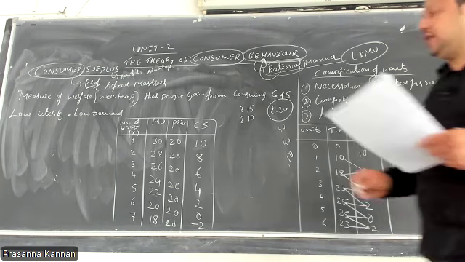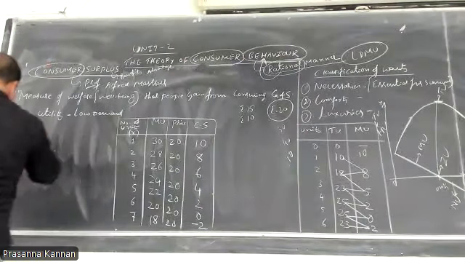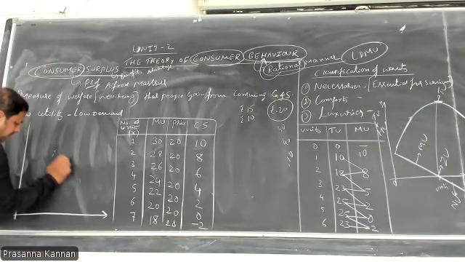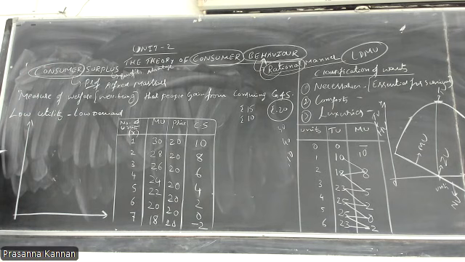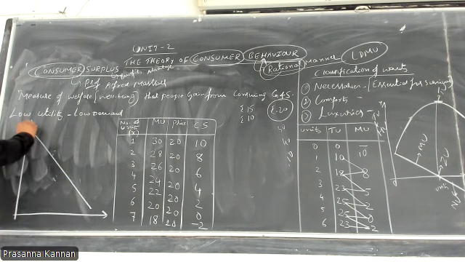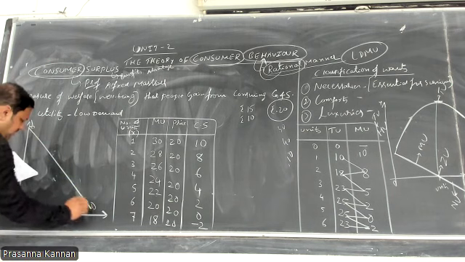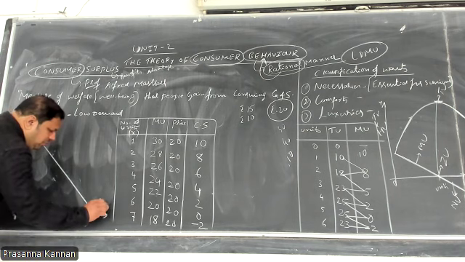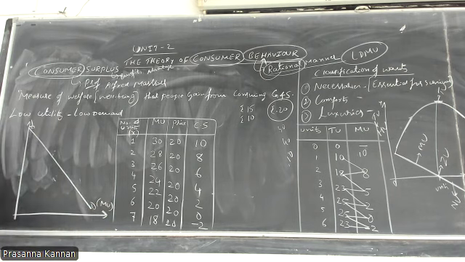Okay, let me take one simple diagram here. If you want, you can write it down. One simple diagram we have. This is called DD. What is the DD here? It is the demand curve for MU. Marginal utility goes on diminishing, so the demand curve is also downward sloping or not?